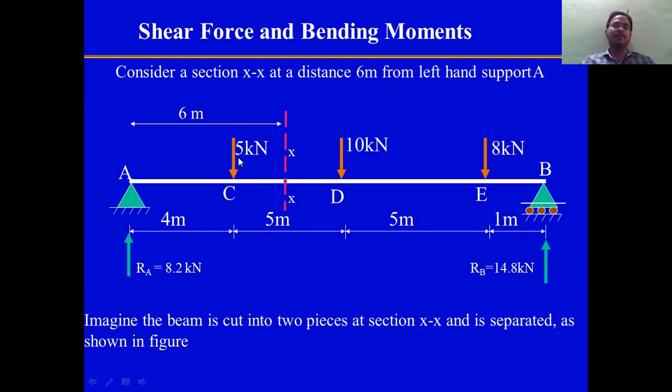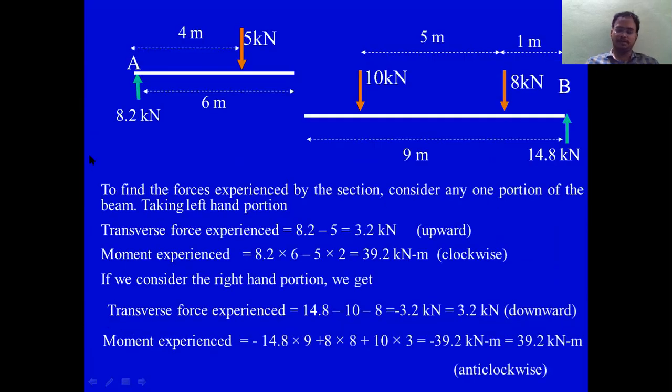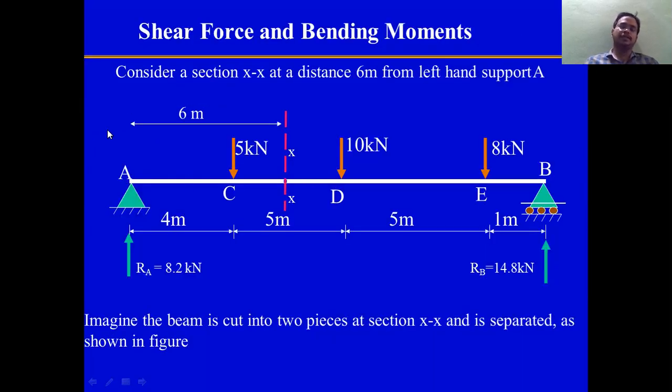So here, because of 5 kilonewton, the moment acting over the point A will be 5 into 4 in clockwise direction. Due to 10, it is 10 into 9 in clockwise direction, 8 into 5 plus 5 plus 4, so 8 into 14 in clockwise direction. And this moment should be balanced with the moment created by RB into 15, but the direction here is anti-clockwise.